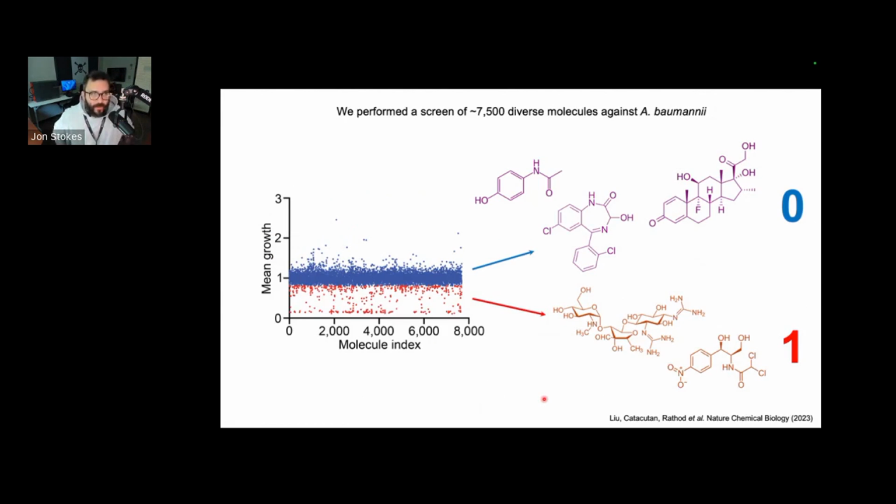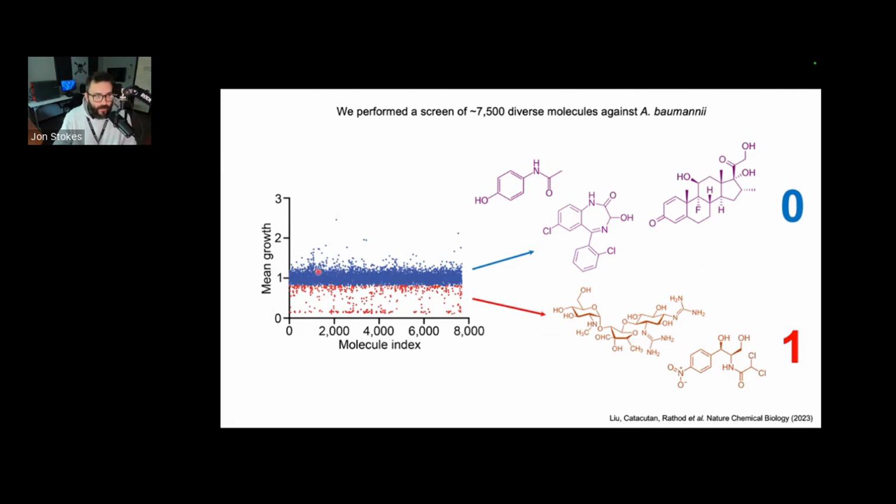Okay. So in the context of a discriminative model, right, if we want to train an AI model that can predict new antibiotics, we have to train it on real world data. So the first thing that we do is we go into the laboratory, and this is actual lab data, right? So we had a library of 7,500 chemicals that we screened just for growth inhibition against Acinetobacter baumannii in a dish.